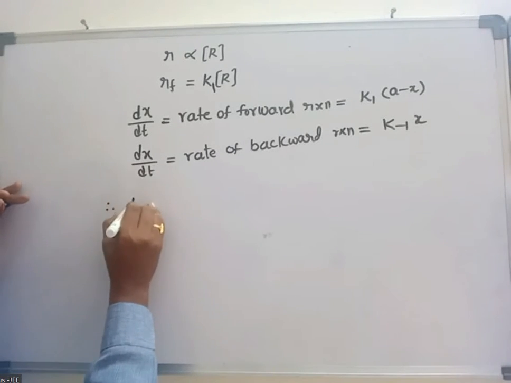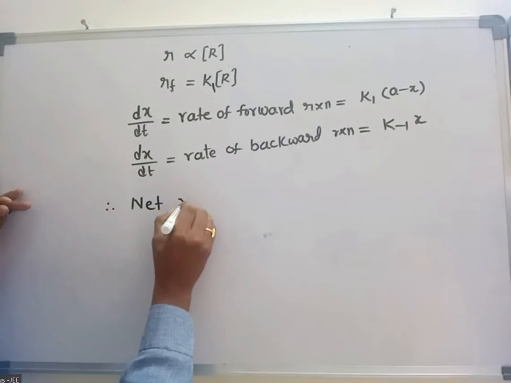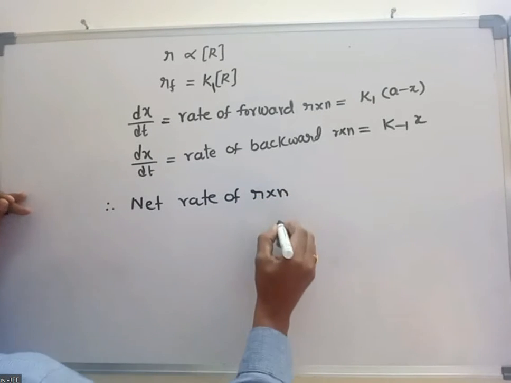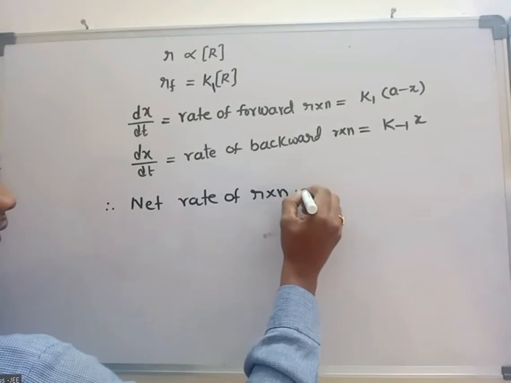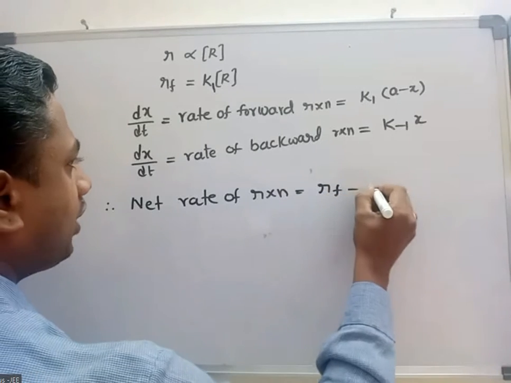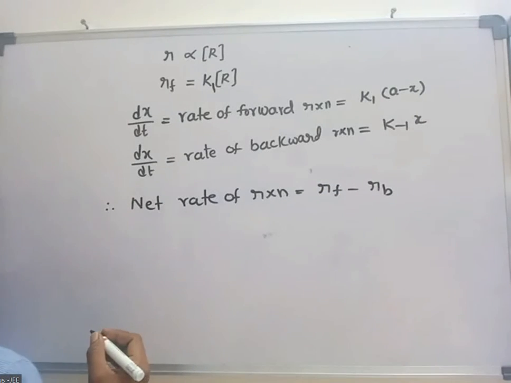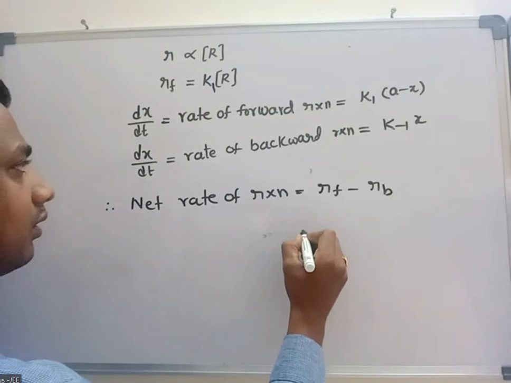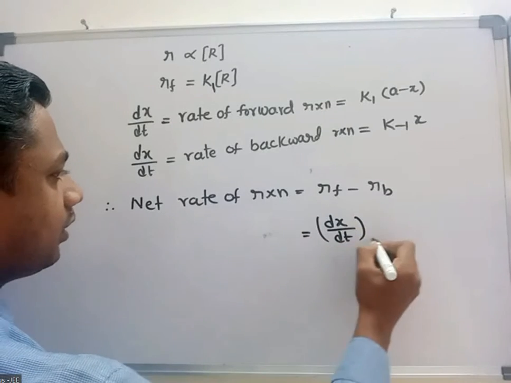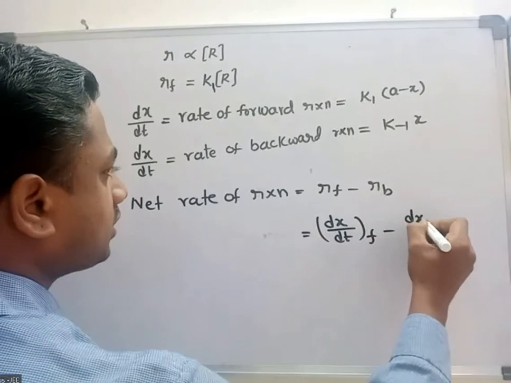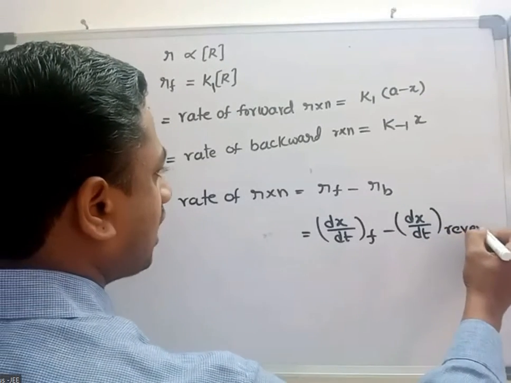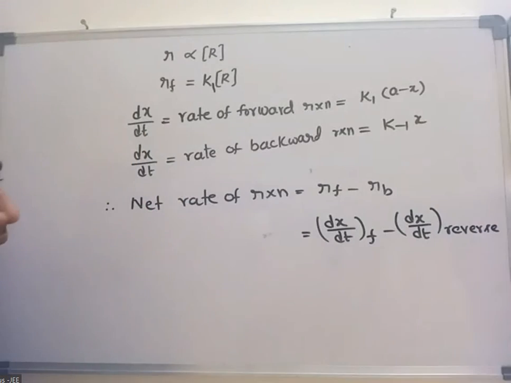Therefore, the net rate of reaction is equal to the rate of the forward reaction minus the rate of the backward reaction, which is dx by dt of the forward reaction minus dx by dt of the reverse or backward reaction.